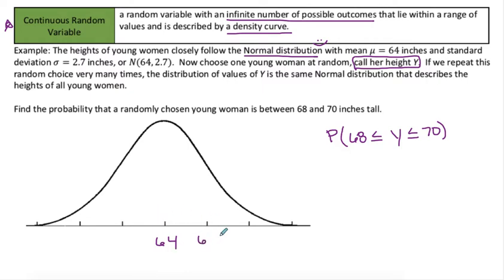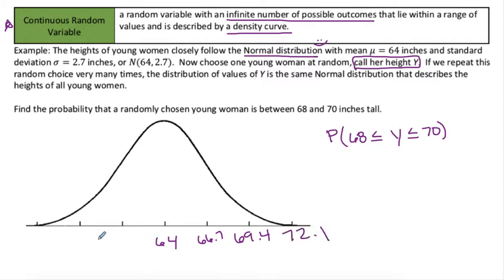So we would go up 2.7, so 64 plus 2.7 is 66.7, plus 2.7 is 69.4, plus another 2.7 is 72.1.